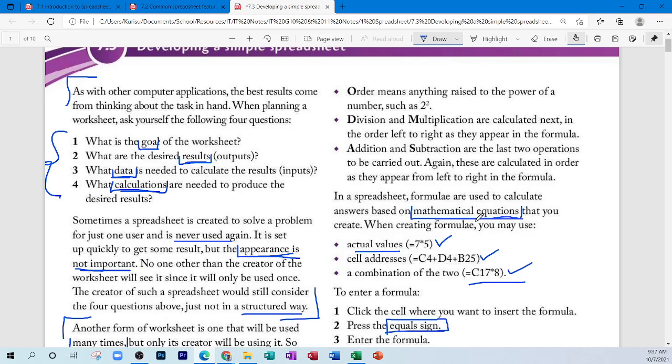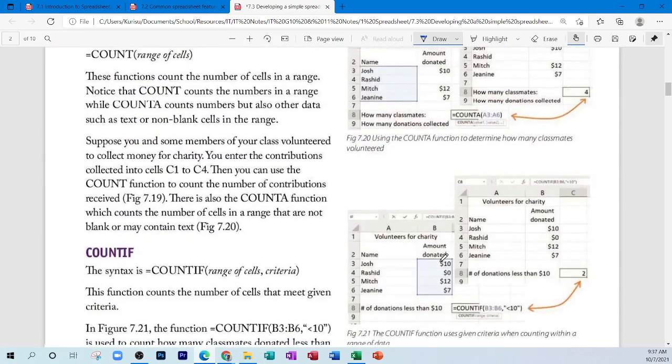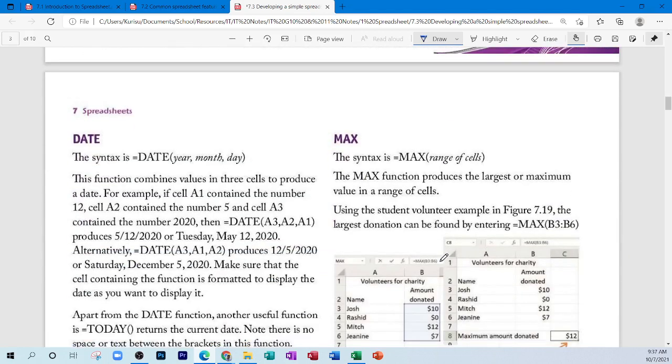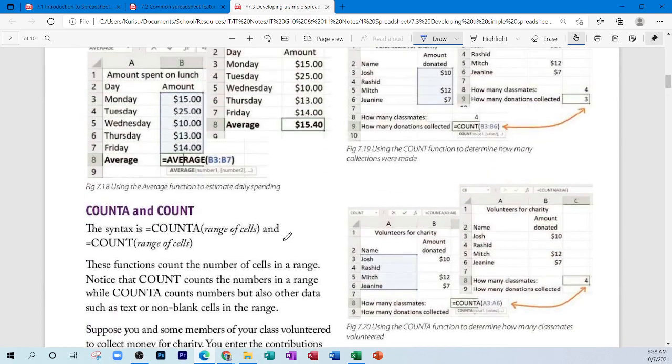Alright, so we're getting on to the part now where we're going to be looking at quite a few functions, and you guys are going to have to take note of basically what is the structure of the function. Each function has a different structure. So remember, functions are basically what?